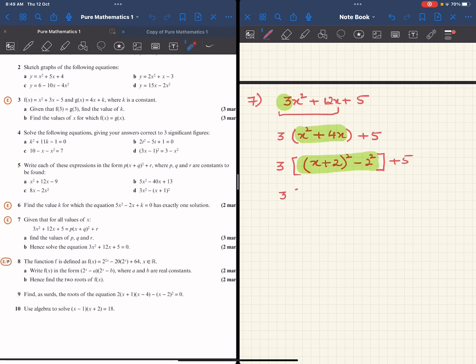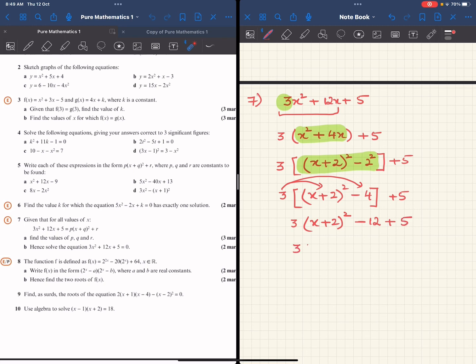So I simplify 3 into x plus 2 the whole squared minus 4 plus 5. Now I can multiply. So this is 3 into x plus 2 the whole squared, and 3 into negative 4 is minus 12 plus 5.